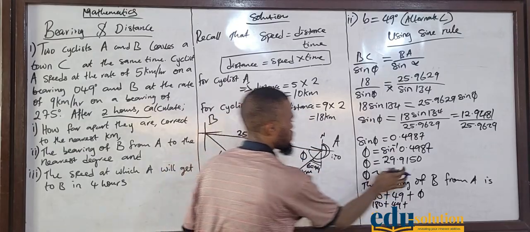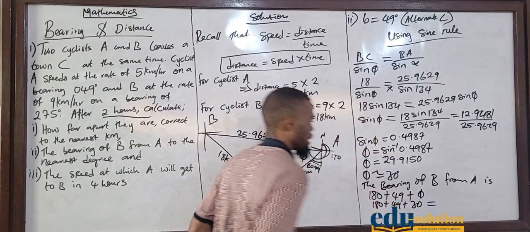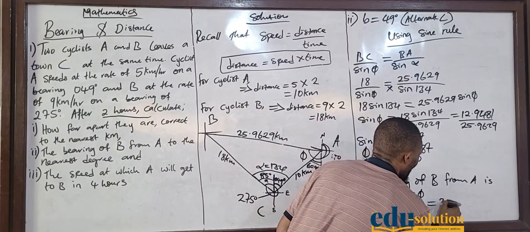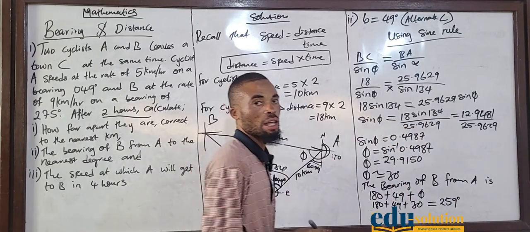The phi we got here is 30. If we add all of them together, it's going to give us 259 degrees.